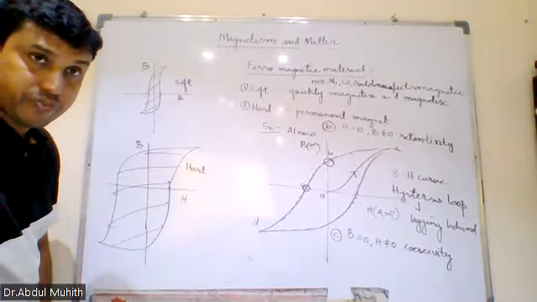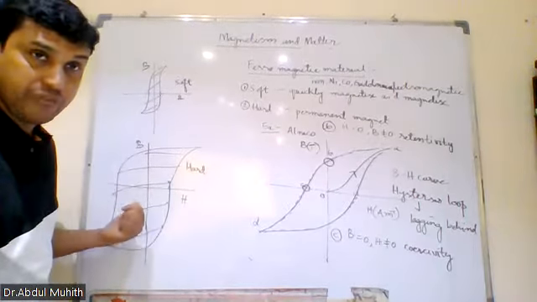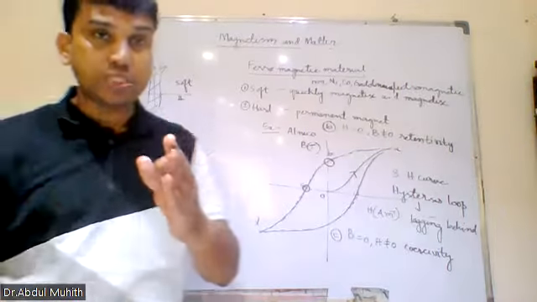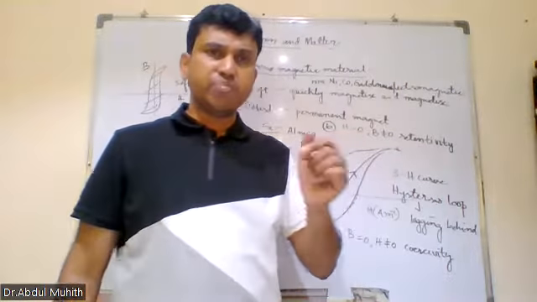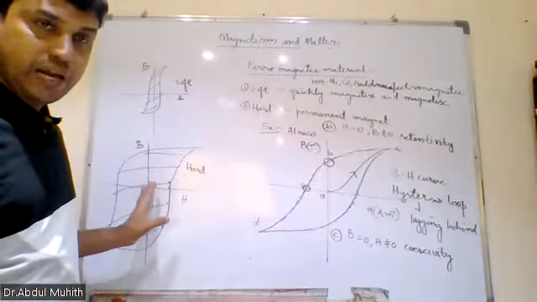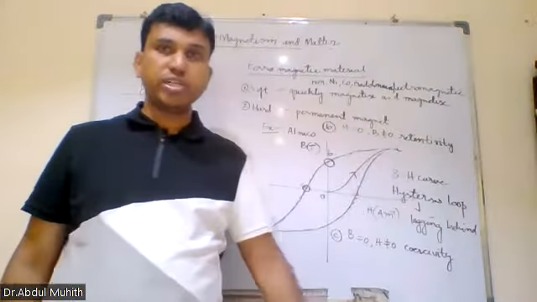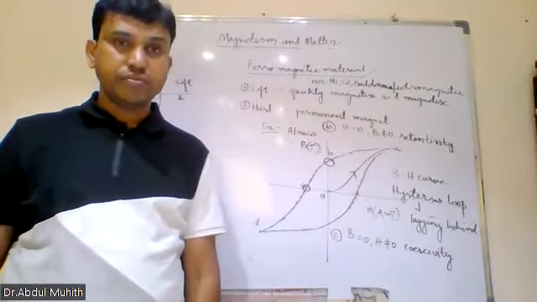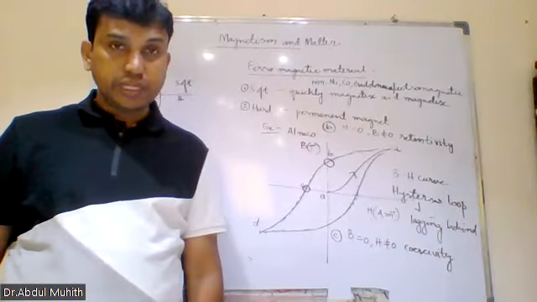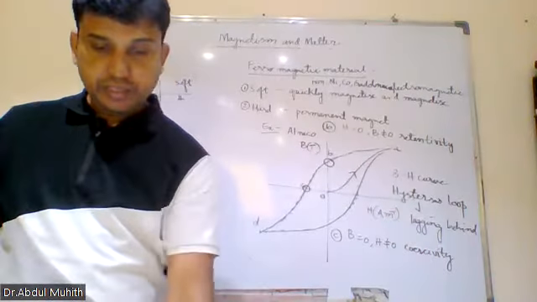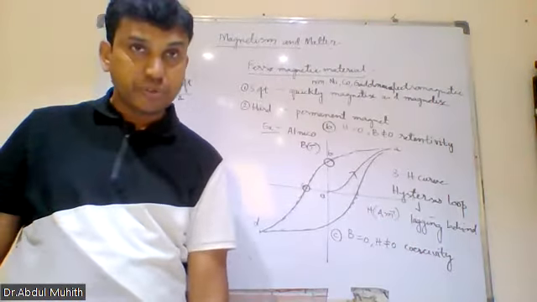Understood now? Sometimes he may give the graph, and he may ask you to calculate the heat energy. It's very simple. Just calculate the area of the graph and write it in joules. Finish. That's the final answer. Is that clear, all of you?